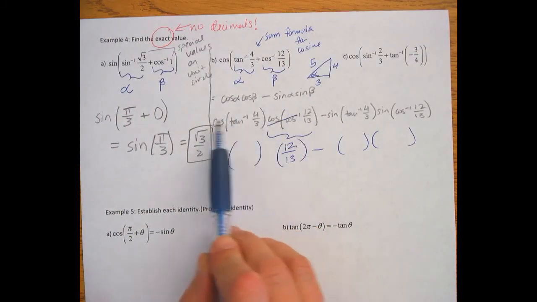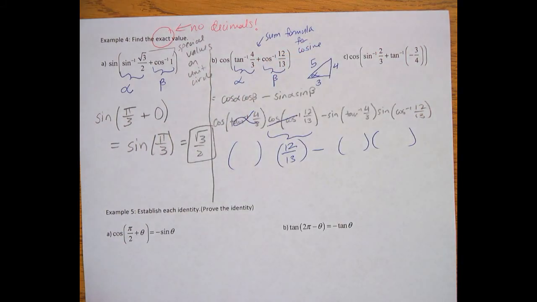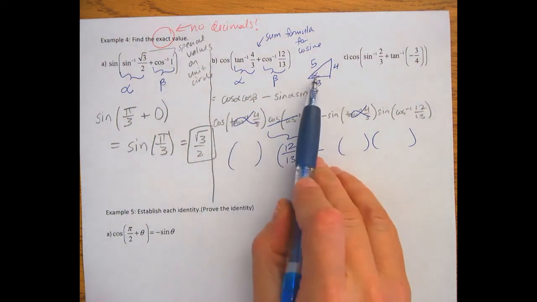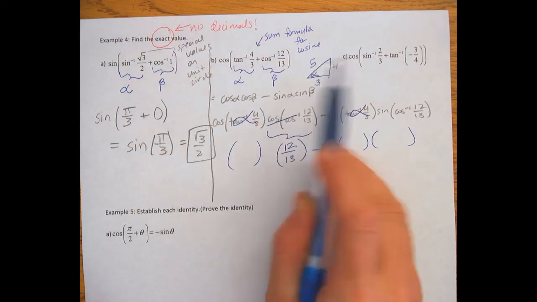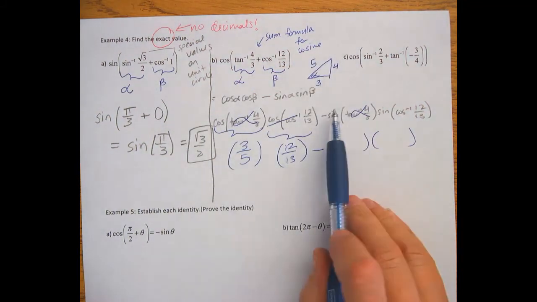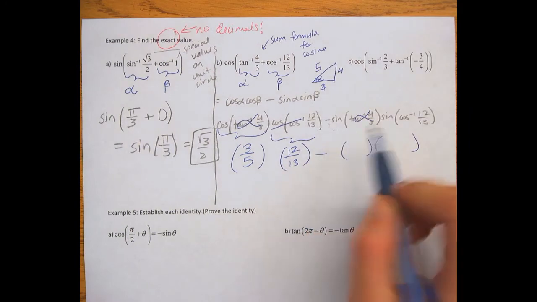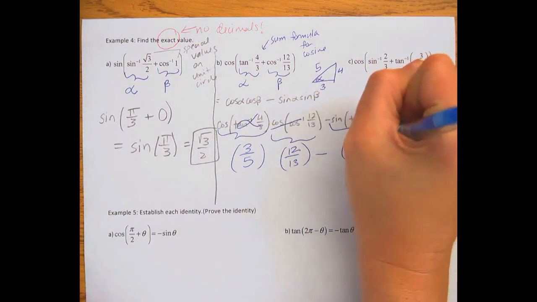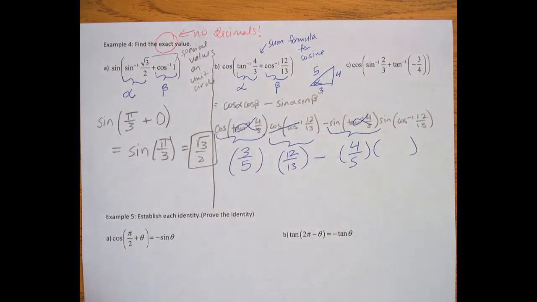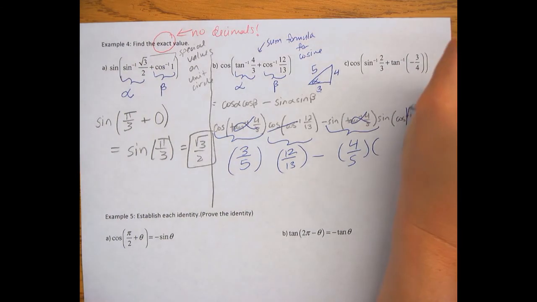So this right here is basically just cosine of alpha, and this is sine alpha. Cosine of alpha is 3/5, so this whole thing is 3/5. Sine of alpha is 4/5, so this whole thing is 4/5. And then cosine of beta, we already figured out, is 12/13. I just need to figure out sine of beta, because this is beta.